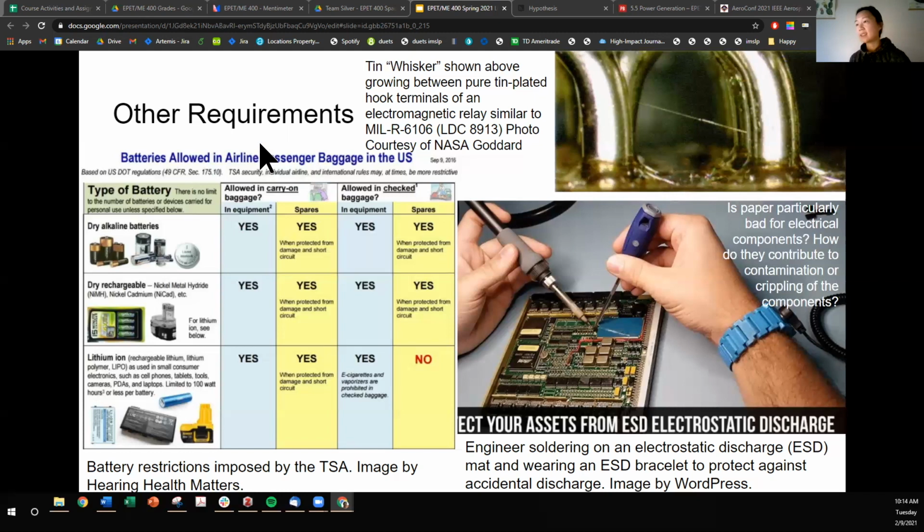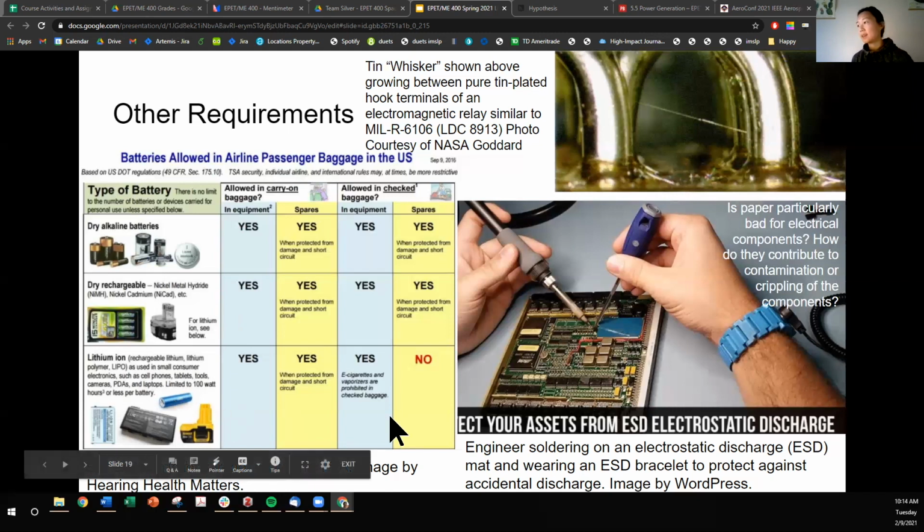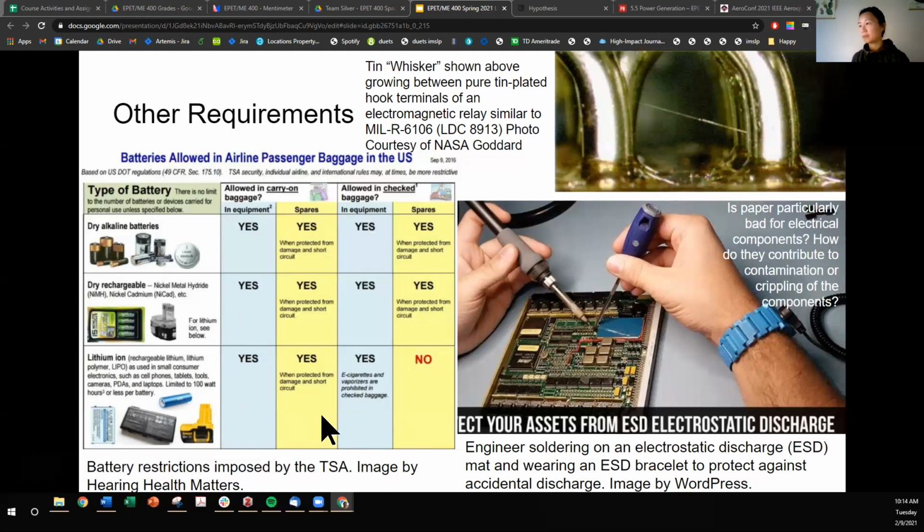So because we hand carry spacecraft, for the CubeSat kit, for example, we have lithium-ion batteries, so we're limited to 100 watt-hours or less per battery. So yeah, those are kind of just the peripheral requirements that we accumulate in the process of making spacecraft in the whole life cycle.